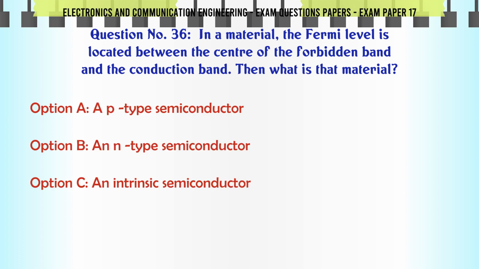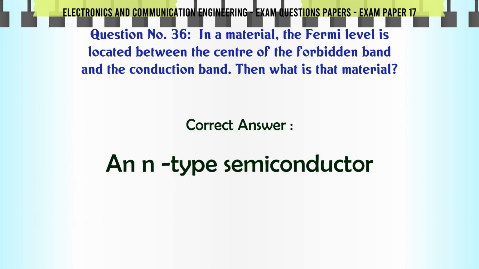In a material, the Fermi level is located between the center of the forbidden band and the conduction band. Then what is that material? A. A p-type semiconductor, B. an n-type semiconductor, C. an intrinsic semiconductor, D. an insulator. The correct answer is an n-type semiconductor.